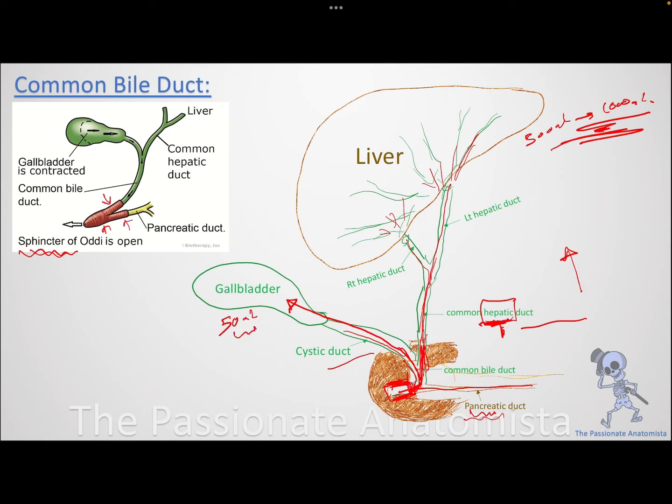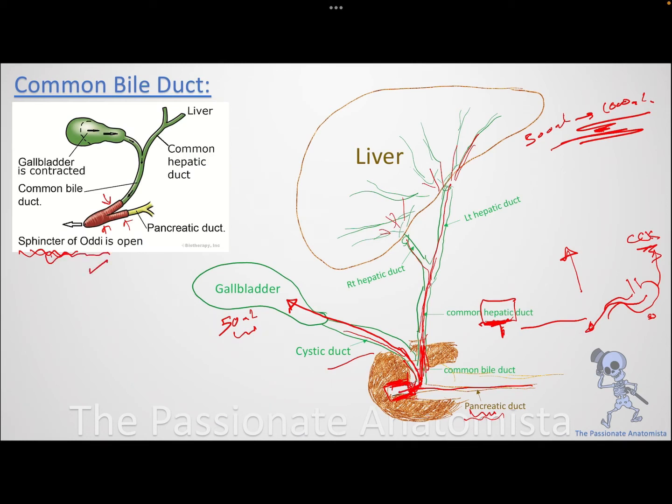And whenever I need that bile, once the stomach senses that it wants to send fat to the duodenum, the enteroendocrine cells will secrete cholecystokinin, and cholecystokinin is going to release the sphincter of Oddi.